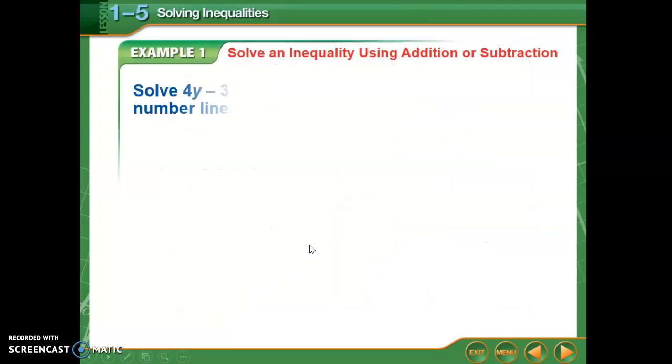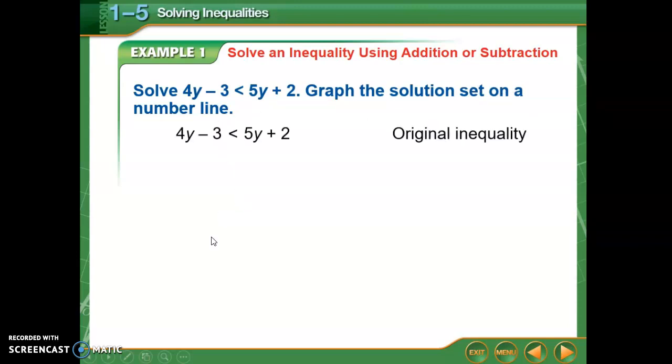Alright, let's apply. Solve an inequality using addition or subtraction. Solve 4y minus 3 less than 5y plus 2. Graph the solution set on a number line. Start with the original inequality, then combine the variables and combine the numbers.